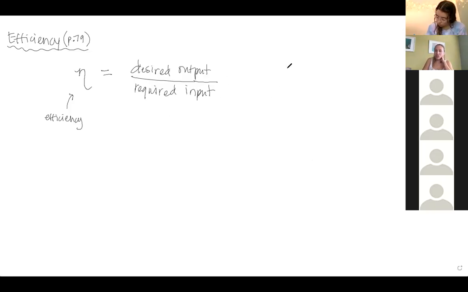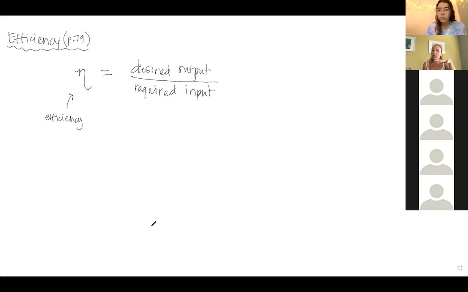If we look at combustion, the energy density of the fuel that you're burning is your required input, and then the amount of heat that you're getting is your desired output. So it's what you're required to put in in order to get a certain output.